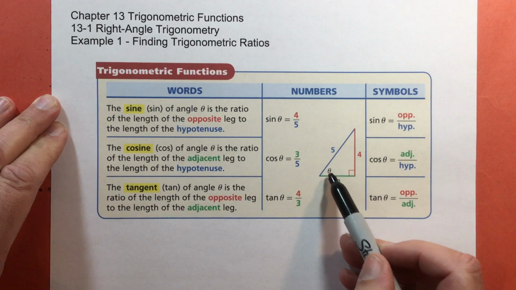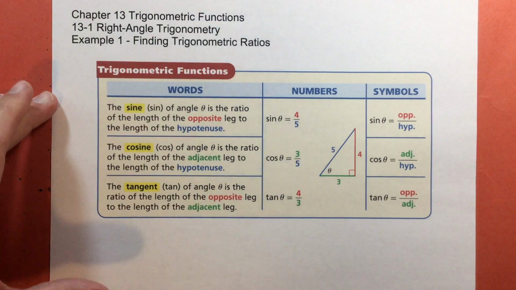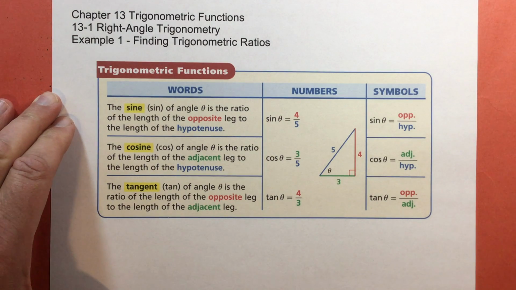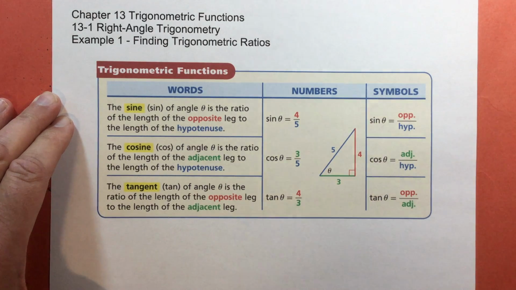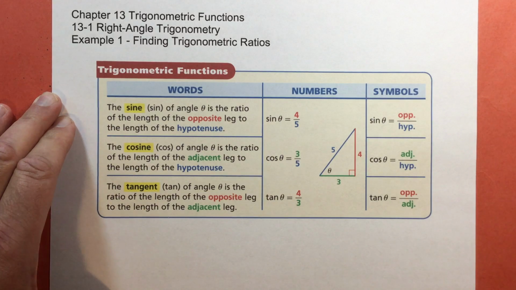Now, here's the thing about this. This angle right here, we use the Greek letter theta, the lowercase theta actually, as kind of like a variable for angles that we don't know. And we can figure this out for this one, okay? That'll come again. This is the hard part about this video. There's so much of it, yes, this is coming later.